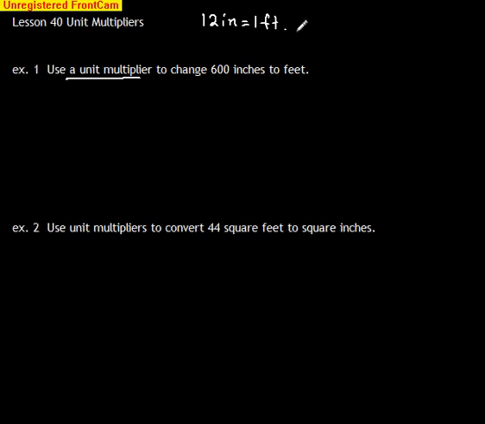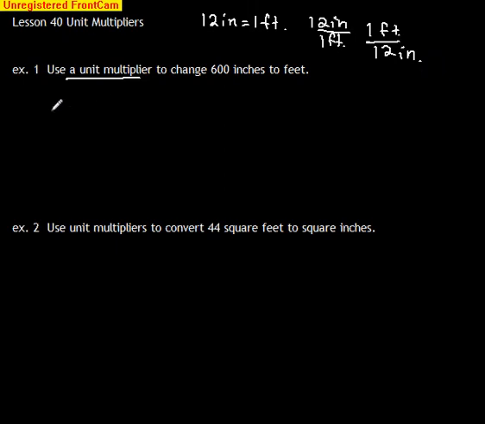This is an example of a unit multiplier. We usually write them, instead of writing that they're equal, as a fraction. We'd say 12 inches over 1 foot, or we could write 1 foot over 12 inches, depending on which way we need to use it, which I'll explain in a minute.